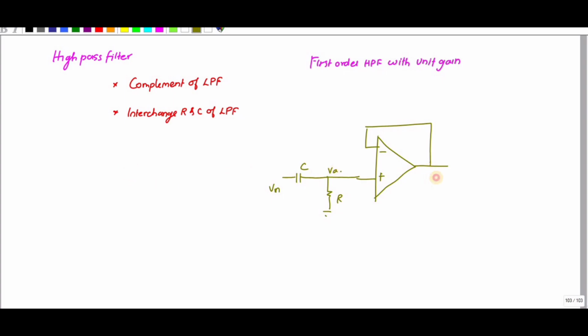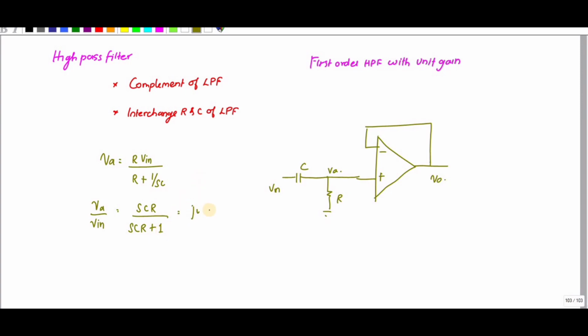So what is V0 now? What is VA? VA is equal to R into Vin divided by R plus 1 by SC. So this I can write as SCR Vin divided by SCR plus 1.